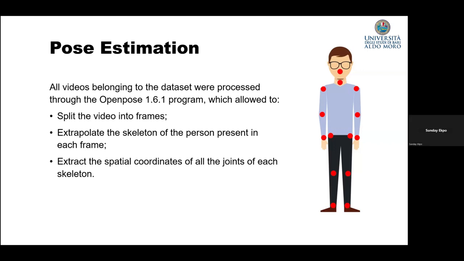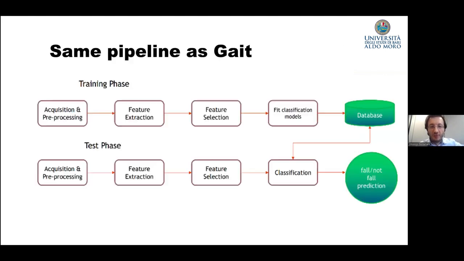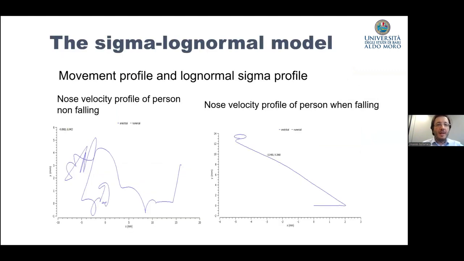Yes. Thank you. So, hoping it continues well. We performed the pose estimation for fall detection. The pipeline that we use is the same pipeline as gait, so I won't explain it again.